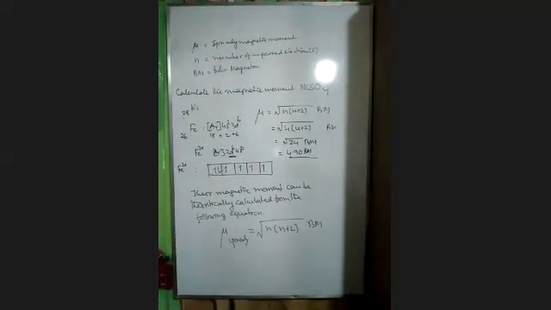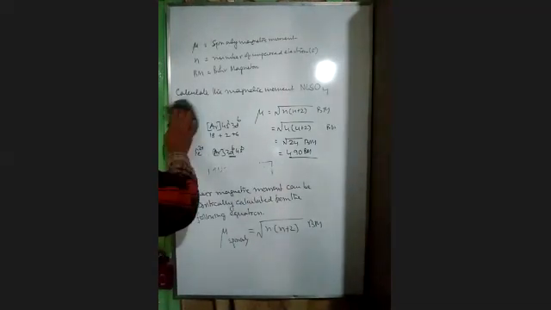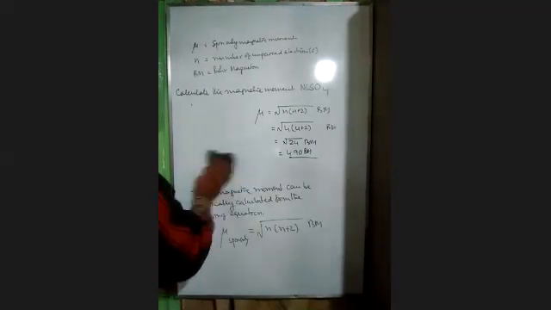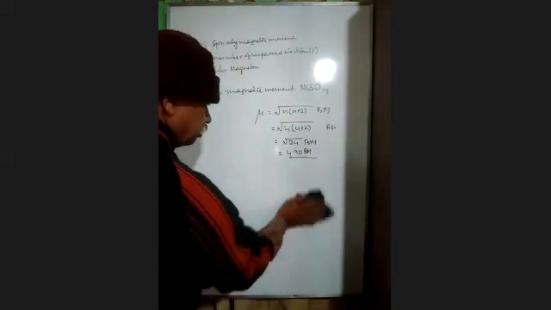How many unpaired electrons does it have? 2. Then it will be what? 2 into 2 plus 2. Yes, I understand. But if you write root 2, root 8 will not be there. No, what is the exact value? 2.82 BM.